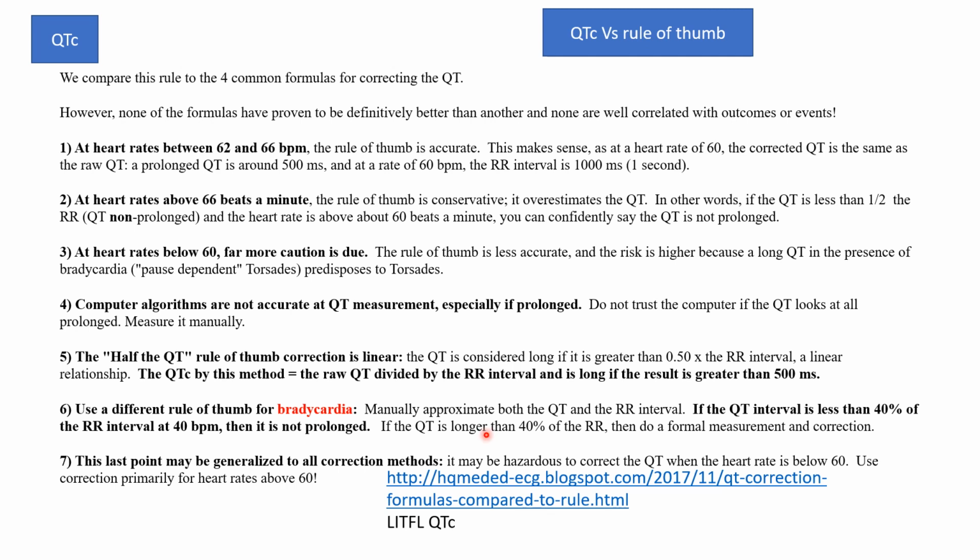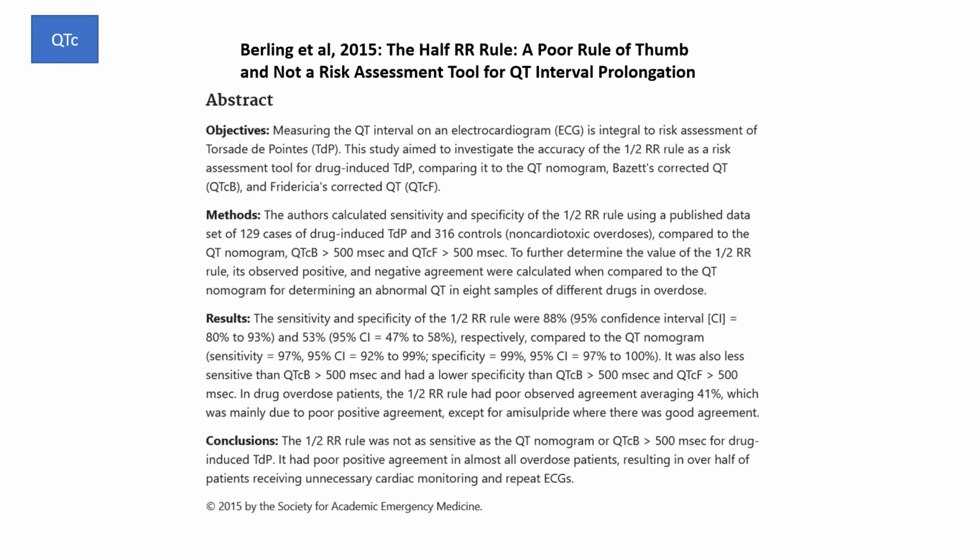You can read the write-up here, and also Life in the Fast Lane. There's even an article here from an emergency medicine journal that talks about how specific or unspecific it is. And they conclude it's a poor rule of thumb, right? They don't think it's a good test. Depends on the situation, I guess, because they usually talk about toxicology here.